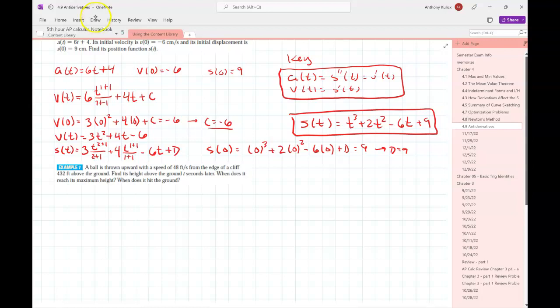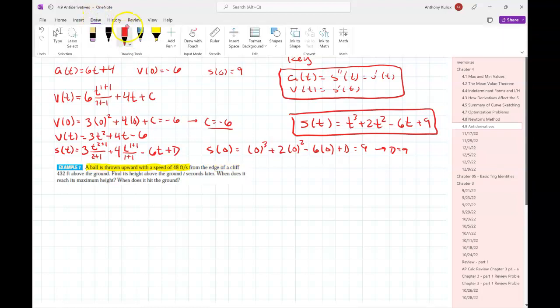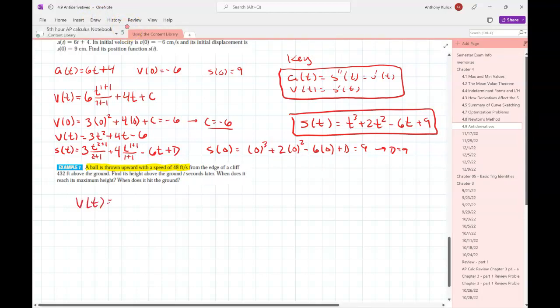So what are we given here? A ball thrown upward with a speed of 48 feet per second. That's my equation for V of t. Oh, no. That's V0. Excuse me.